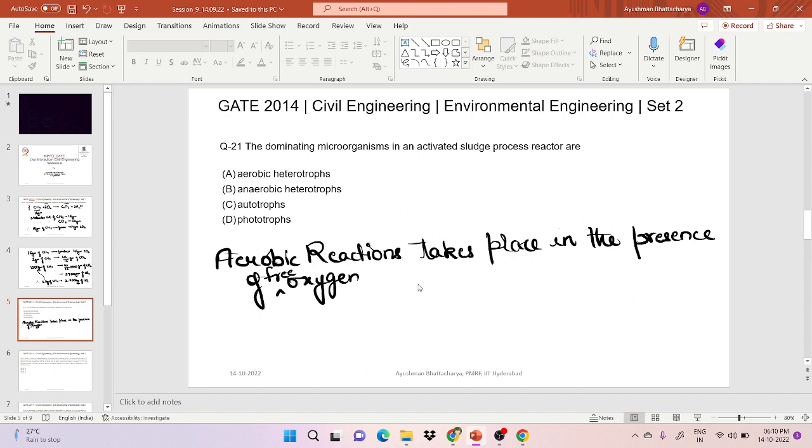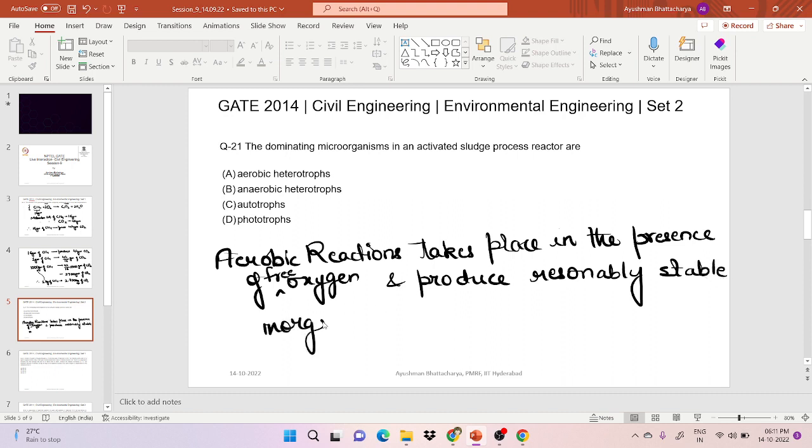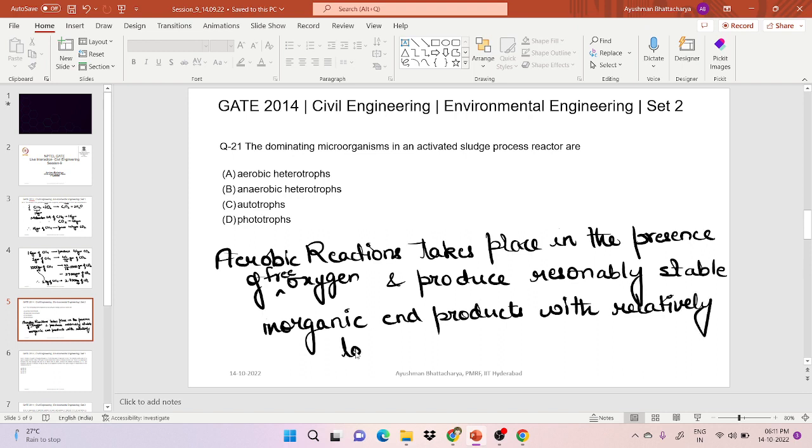They take free oxygen and produce stable inorganic end products with relatively low energy content.